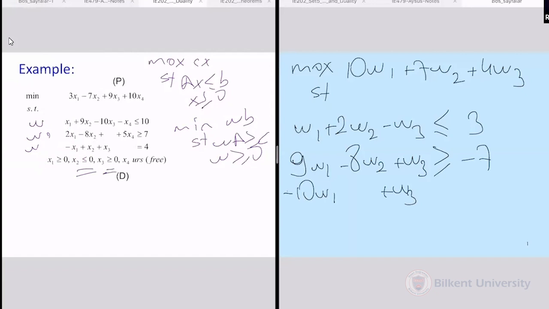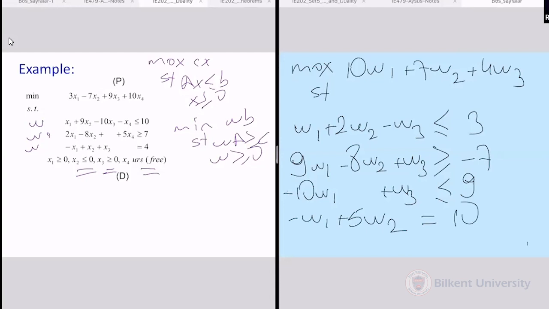So I'll have less than or equal to 9. The fourth constraint is for X4. Let's write it. Minus W1 plus 5W2. Oh, it is a W2. X4 is a free variable, so the corresponding constraint should be an equality.